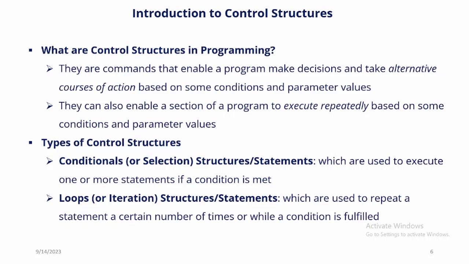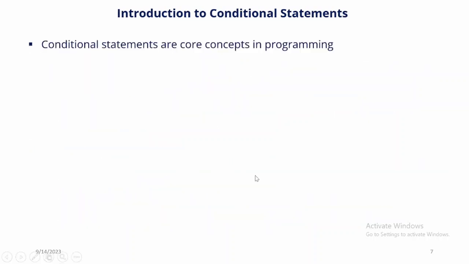When there are operations that need to be repeated, you use a loop. So those are the two basic types of control structures in most programming languages, including Python. So today we will learn about conditional statements, while the loop control structures will be taken in part 2 of the course.